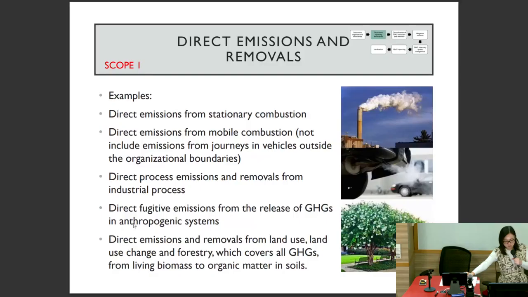Direct emissions and removals from land use change and forestry, which covers all greenhouse gases from living biomass to organic matter in soils. So maybe you plant trees, or the opposite, you chop down the trees. Then these are direct emissions and removals.